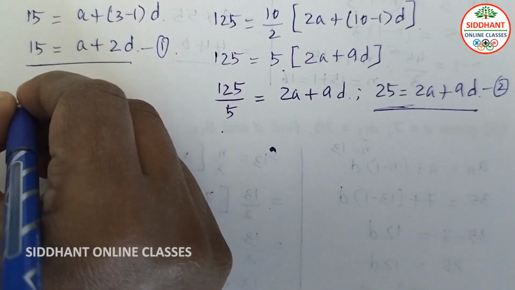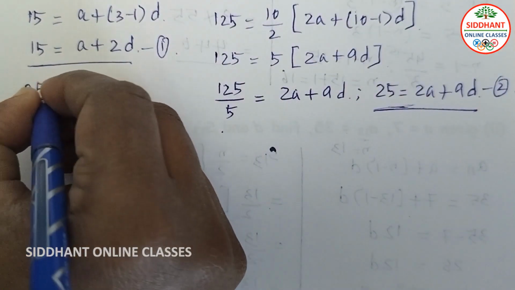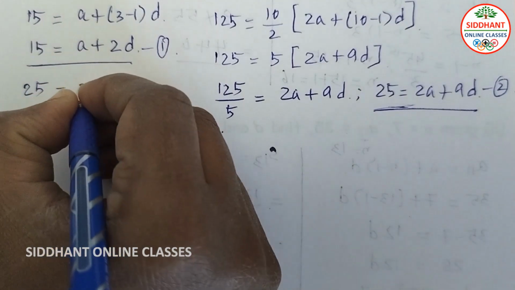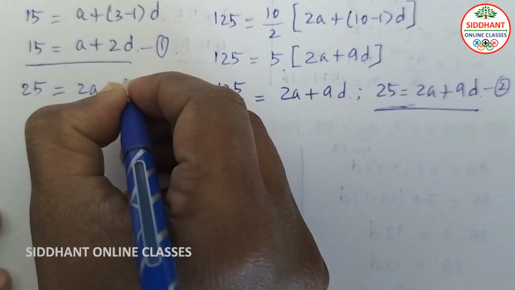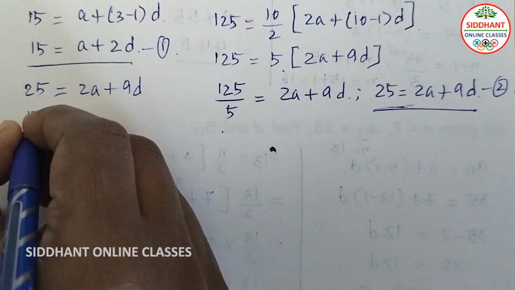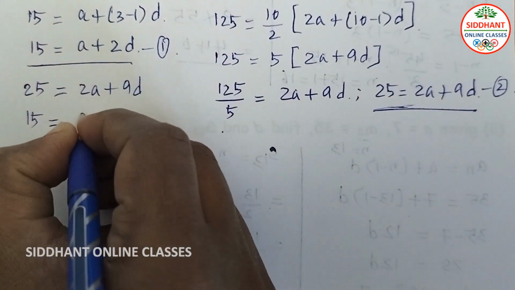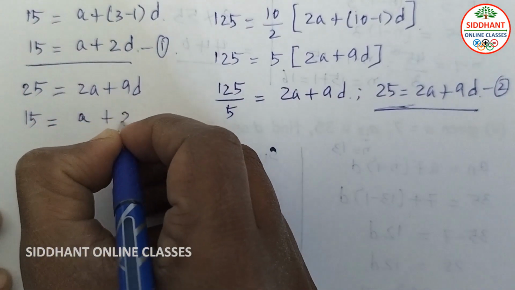So we have two equations. The second one, 25 equal to 2A plus 9D here. Here 15 equal to A plus 2D.